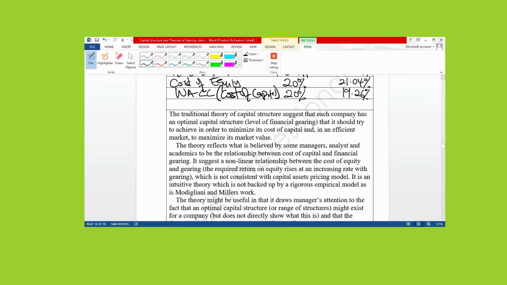The theory reflects what is believed by some managers, analysts, and academics to be a relationship between cost of capital and financial gearing.